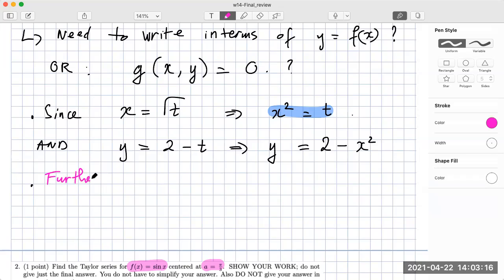Furthermore, t is larger than 0, therefore x, which is square root of t, should also be strictly positive, right?